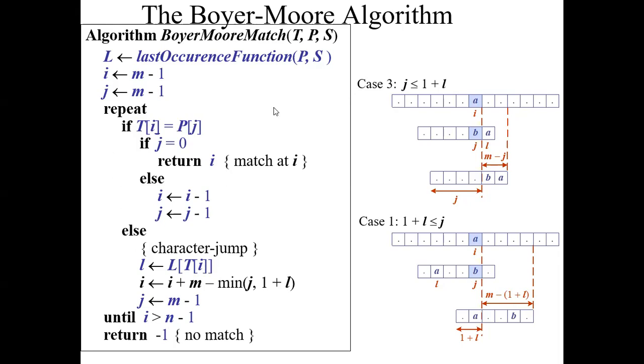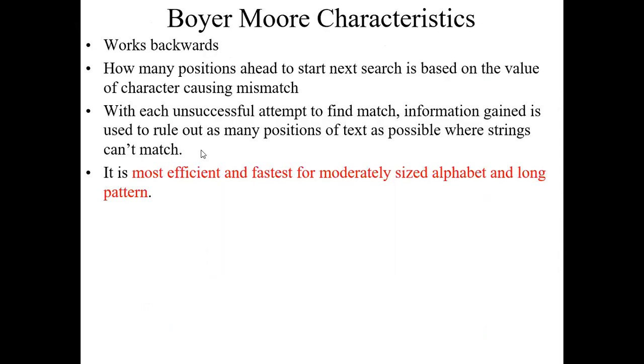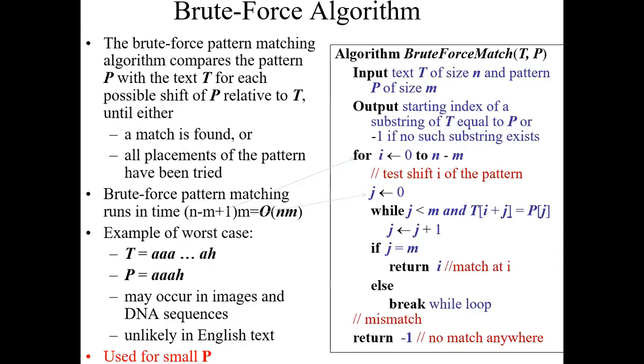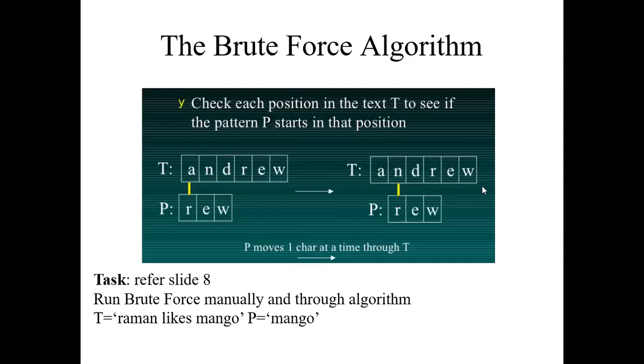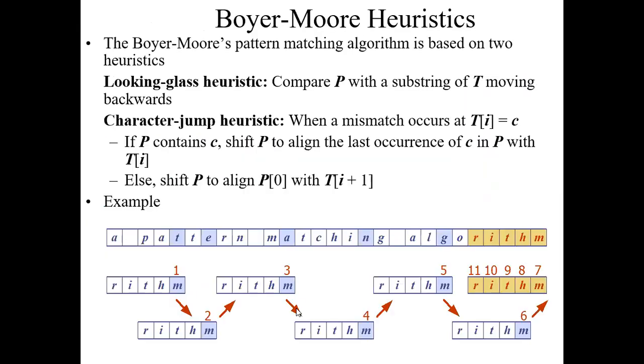Okay. Now let us understand the remaining. If I compare दोनों के last items और compare करते करते by decrementing the values, I reach to the beginning of the pattern. What does this signify? It is a match. जैसा ये particular example था, Raman likes mango and mango. तो इस केस में अगर हमने Moore apply किया, so in this case O matches with O, decrement I and J both, this with this with this, decrement I and J both, and decrement करते करते J की value 0 होगी, right?